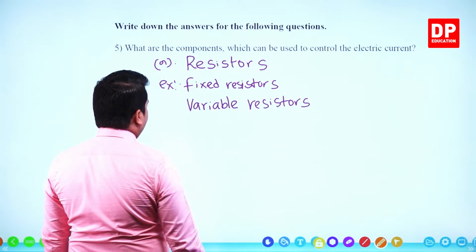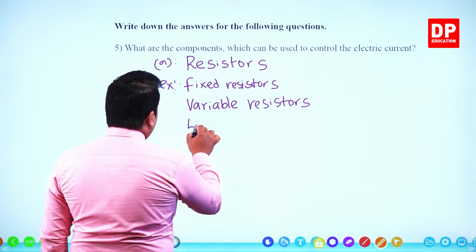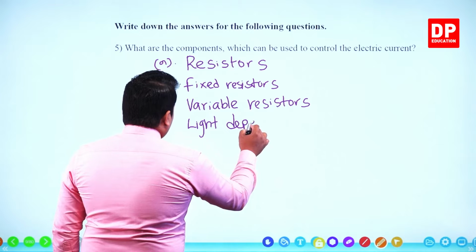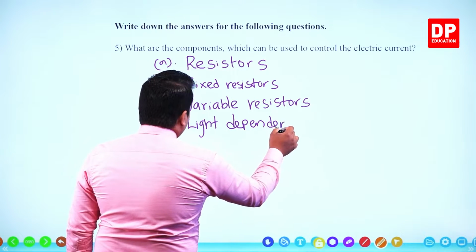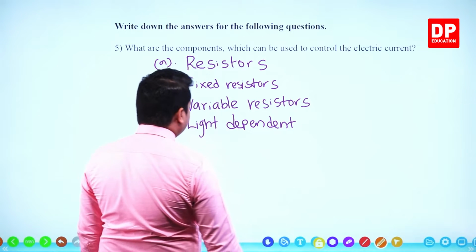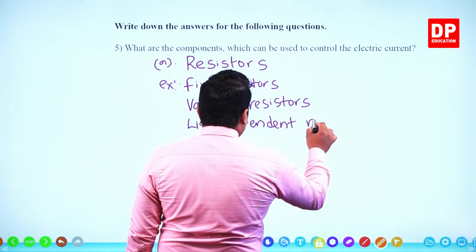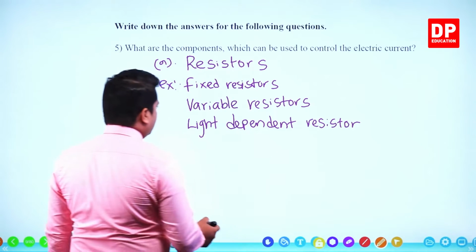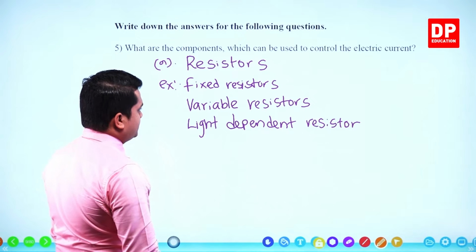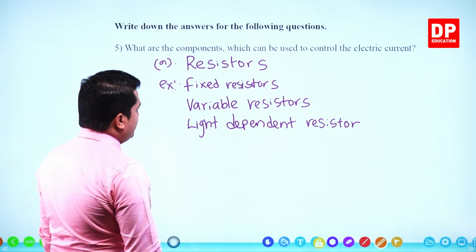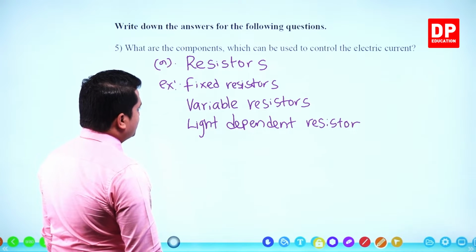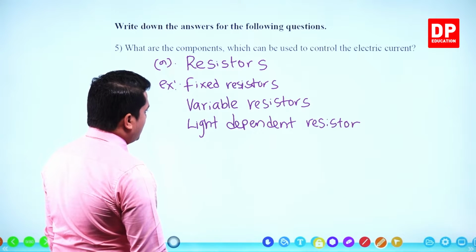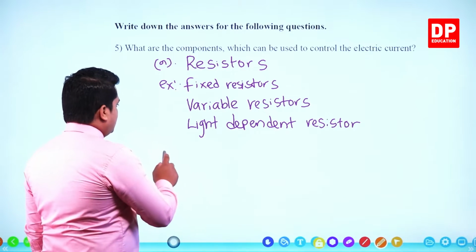Then light dependent resistors. So resistors can be used. Under that there are special kinds: fixed resistors, variable resistors, and light dependent resistors.